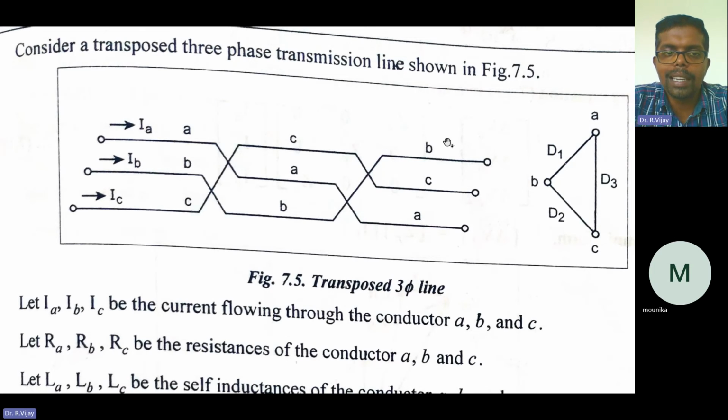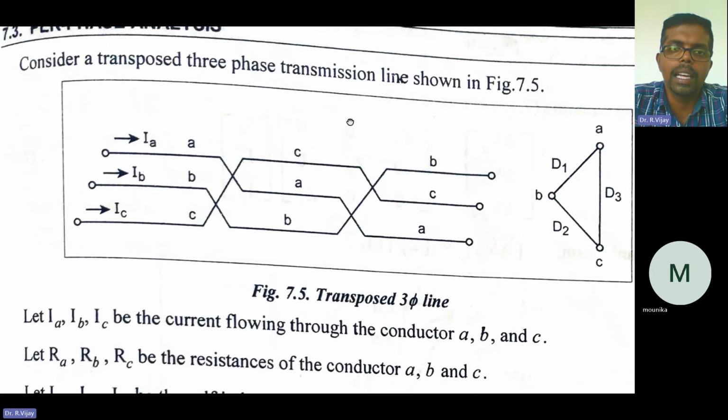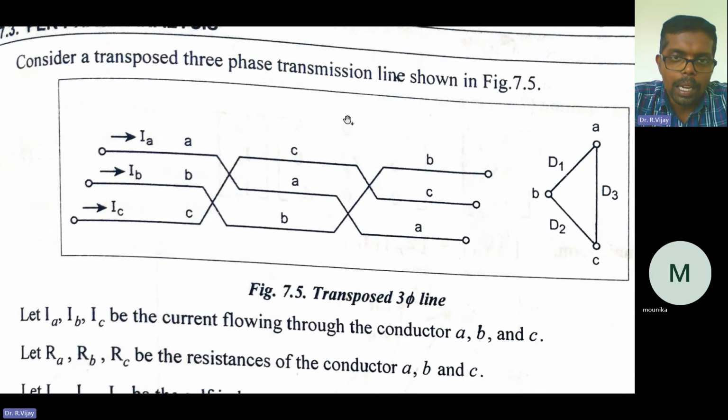So that is called the transposed line of phase B.